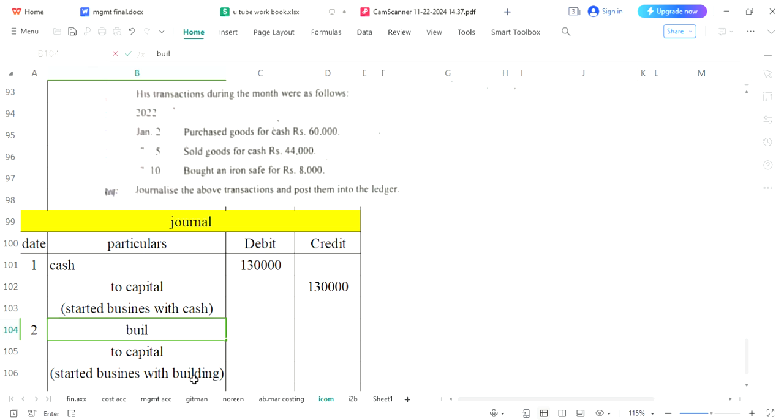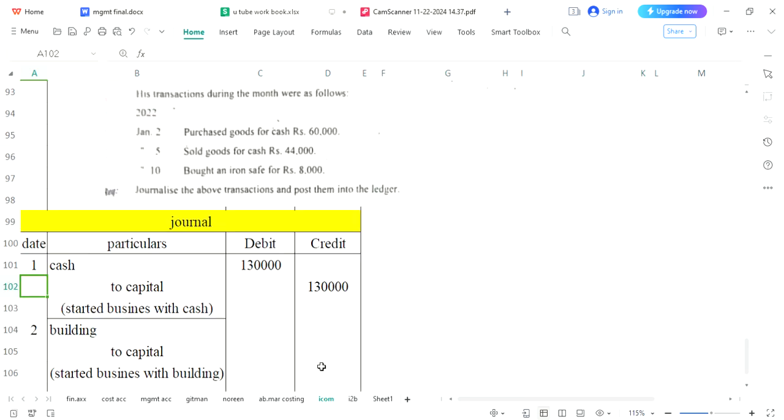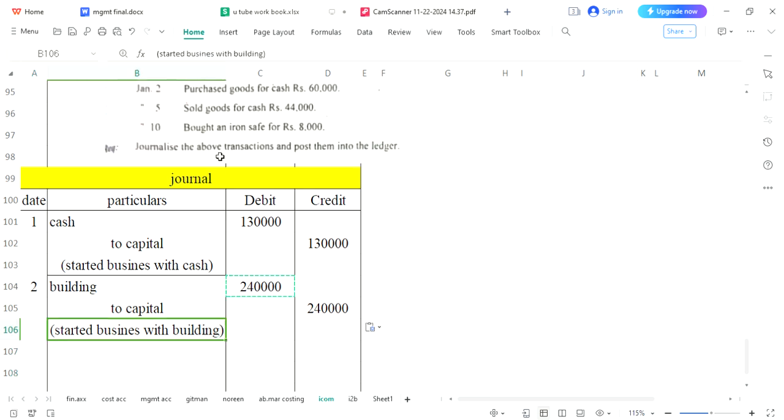So you will write building on the debit side. In this way, the second part of the entry has been completed, and you can see that the amount of the building, look here, is 2,40,000. So you will put 2,40,000 on the debit side, and the same amount will be written on the credit side. In this way, our second entry is completed.